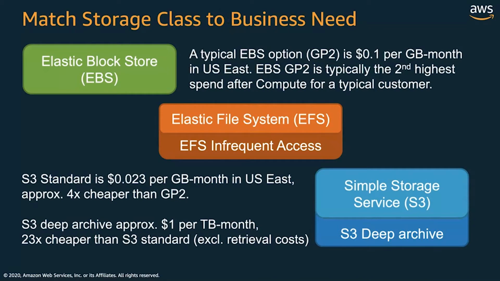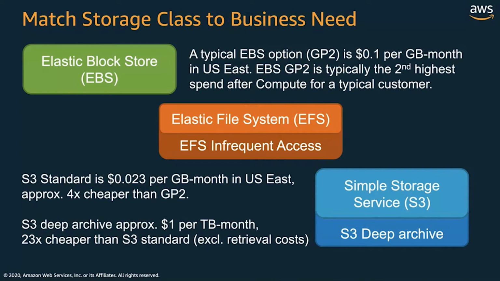If you're using storage in the cloud, if you're using our block store, then manage the storage class. I'll explain a little bit more in the next slide what that means. There are different storage classes for EBS.